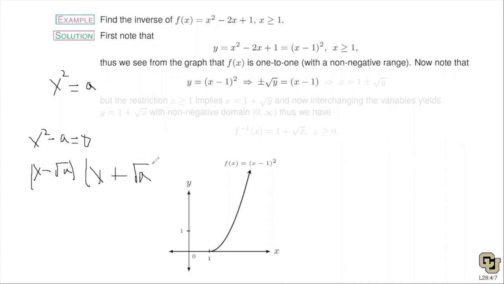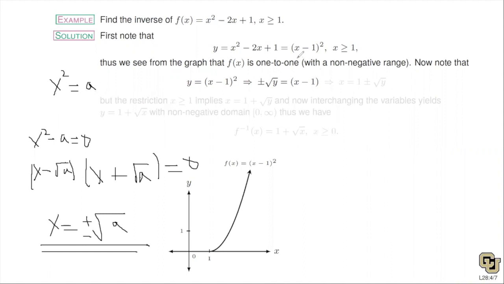From the first factor, we get x equals plus root a, and from the second, we get x equals negative root a. So that's how you get the plus minus when you have an equation like x squared equals a.